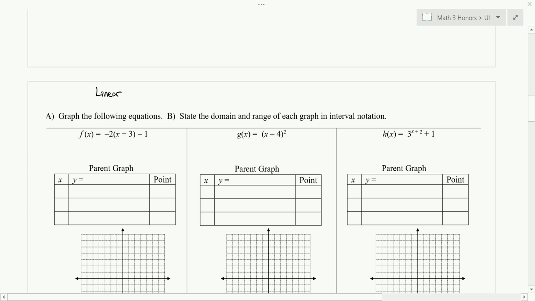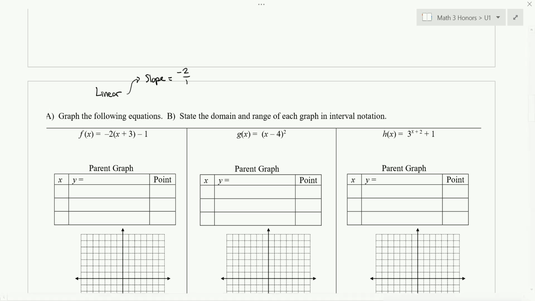If it's linear, I want to know the slope. What's our slope? -2. And I think of slope as a fraction. So we're going to drop down 2, go right 1.